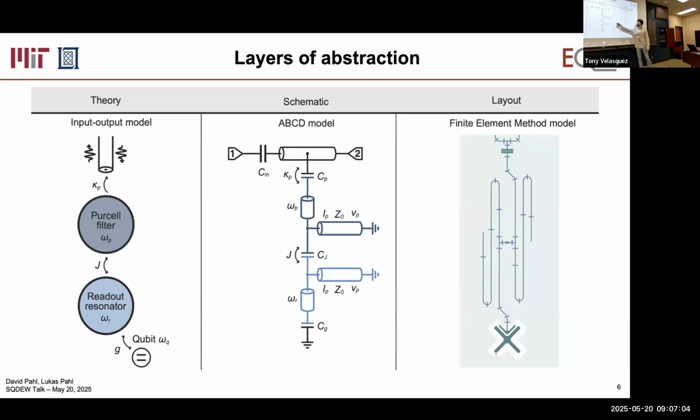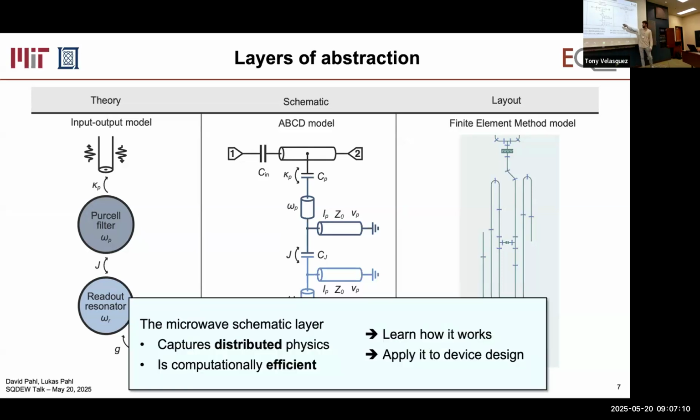And the added advantage of this layer is that it also captures distributed physics, like different speakers, Devray and Michelle and Zlatko mentioned. Often we ignore the fact that in our layout we have long lines that are more accurately captured by transmission lines. We'll not do that, right? We'll take these into account for more accurate modeling.